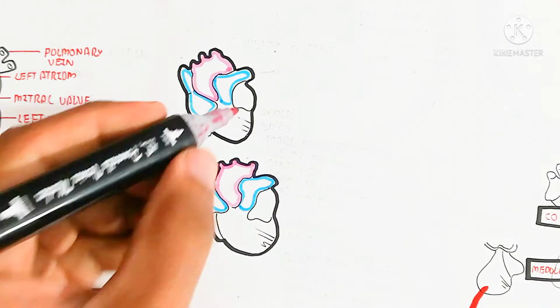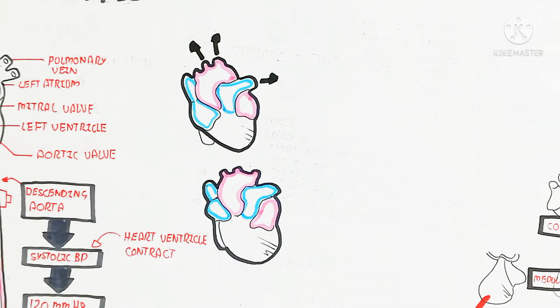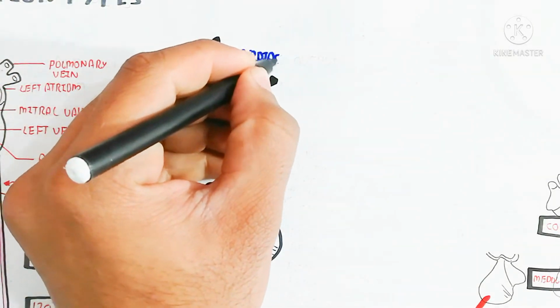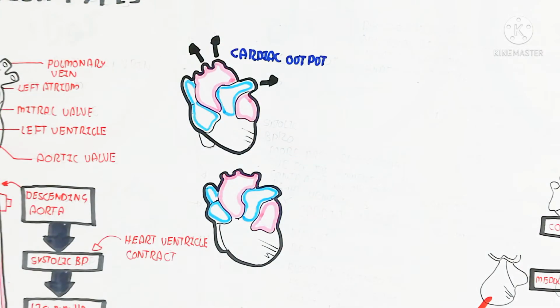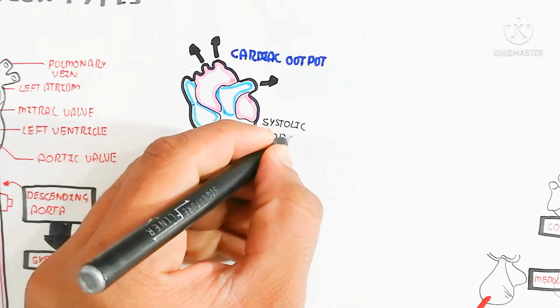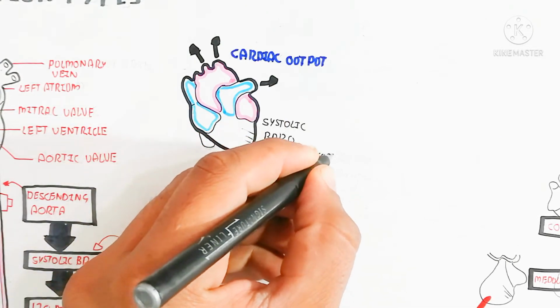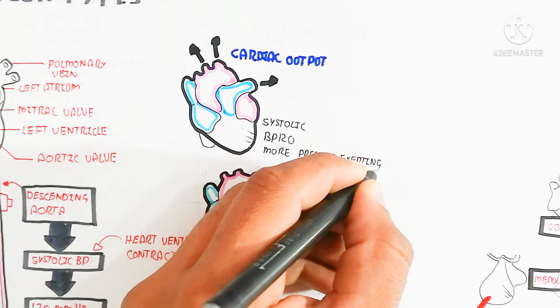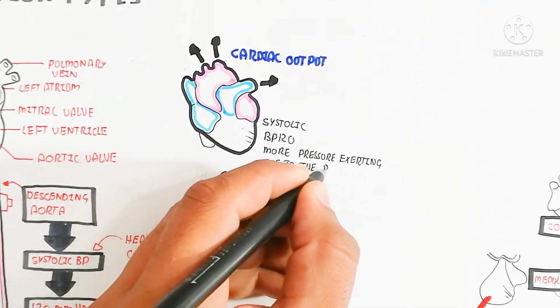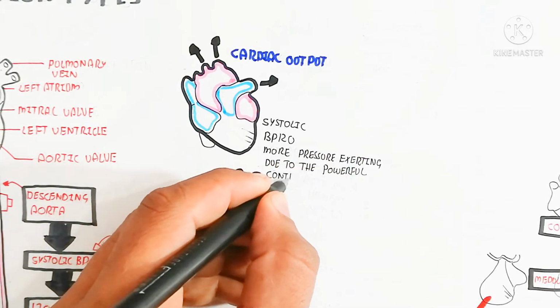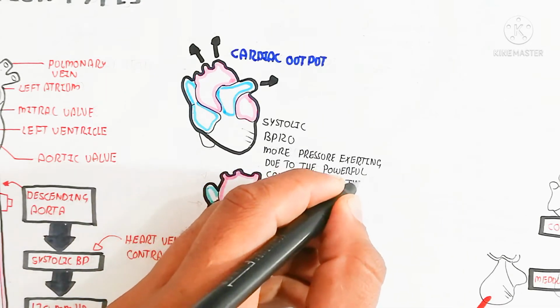What is that? For example, when the heart contracts, that is known as the systolic blood pressure, and that is equal to 120 millimeters of mercury, with more pressure exerted due to the powerful contraction of the left ventricle. The left ventricle contains thicker muscle as compared to the right ventricle.